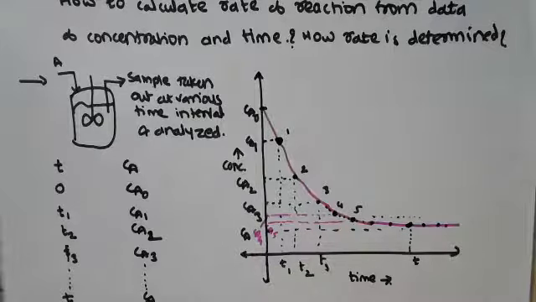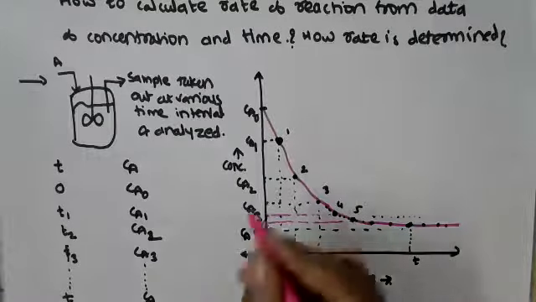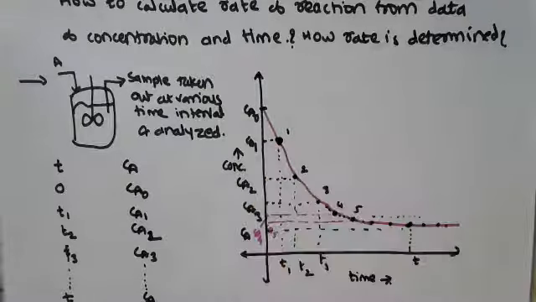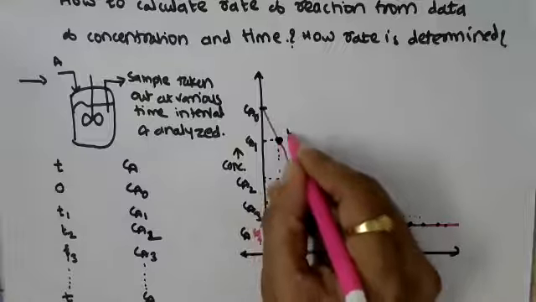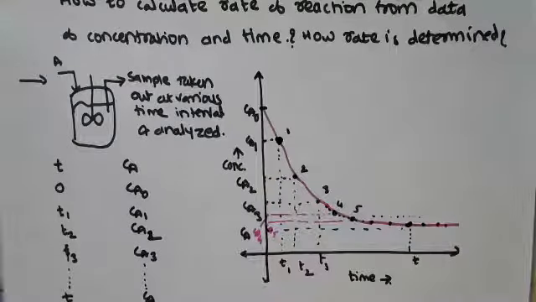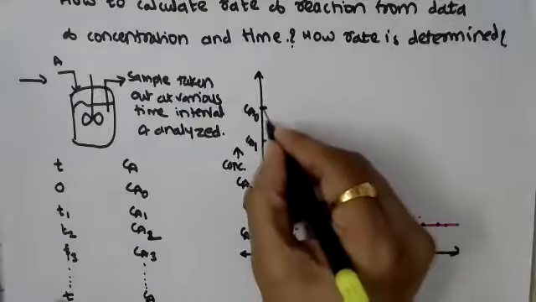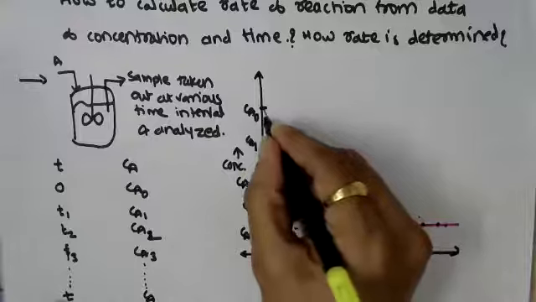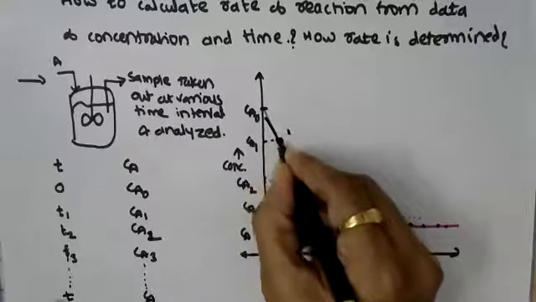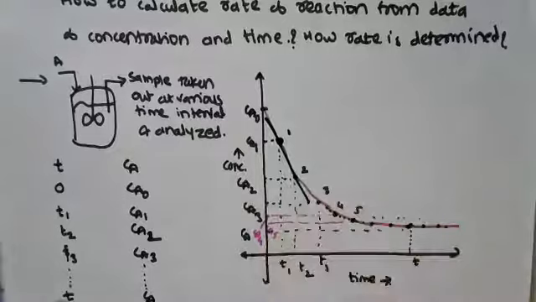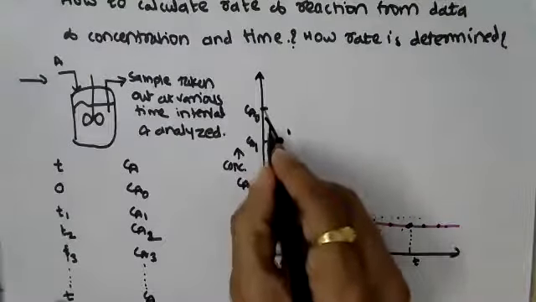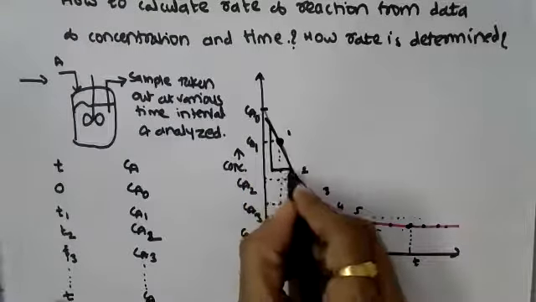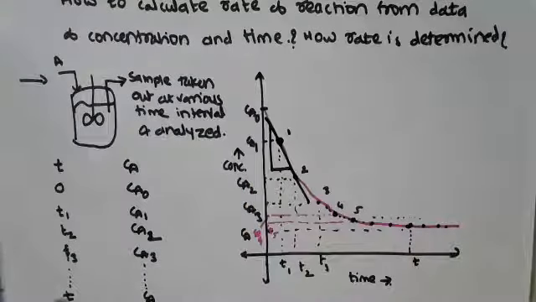So for calculating the rate of reaction, what you have to do is select the point. Say I have selected point number 1. Then next, since it is a curve, you have to draw a tangent to this, and try to calculate the slope of this.